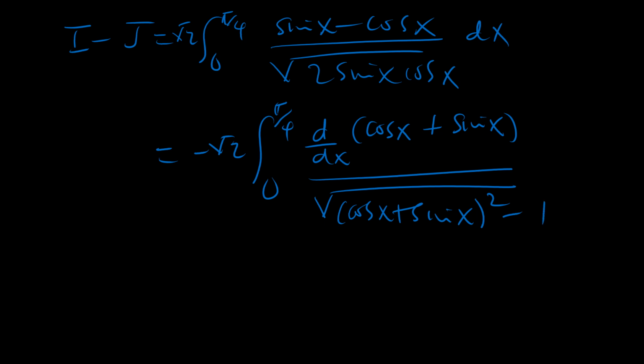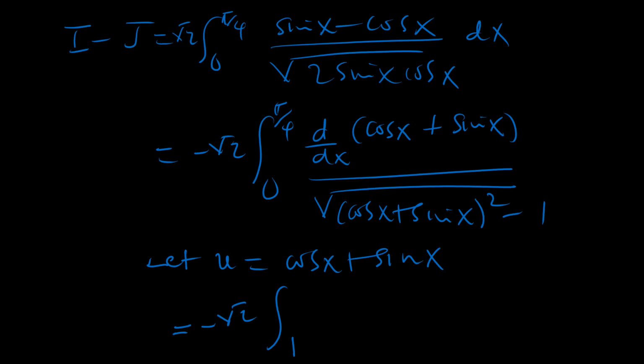Right? So that we can just say let u be equal to cosine x plus sine x, such that the integral now becomes, at the lower limit, when x equals 0, cosine of 0 plus sine of 0, where sine of 0 is 0 and cosine of 0 is definitely 1, and at the upper limit we are looking at the same value there, so we have 2 over root 2.